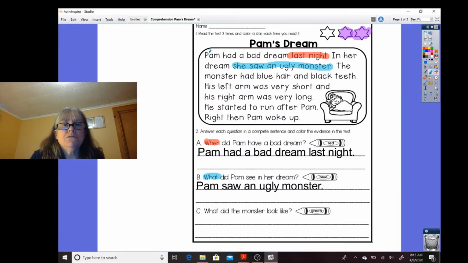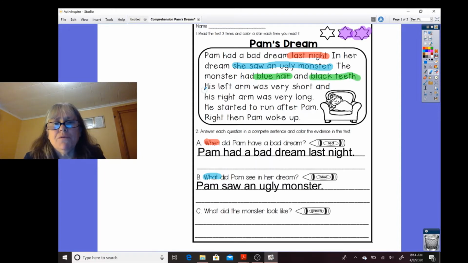What did the monster look like? Pam had a bad dream last night. In her dream, she saw an ugly monster. All right, so I still don't know what he looks like yet, though. The monster had blue hair and black teeth. Oh, that does tell me. All right, blue hair, black teeth.